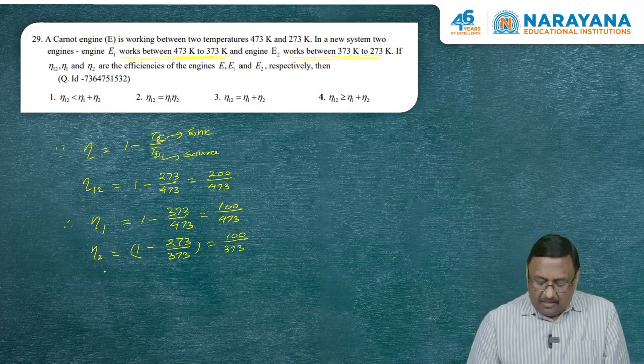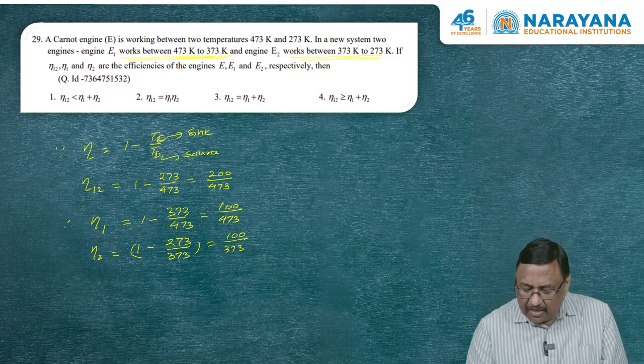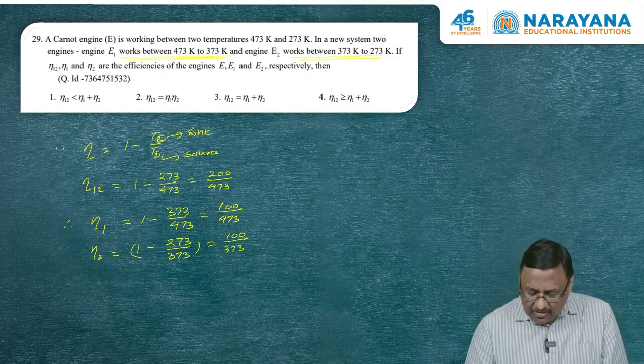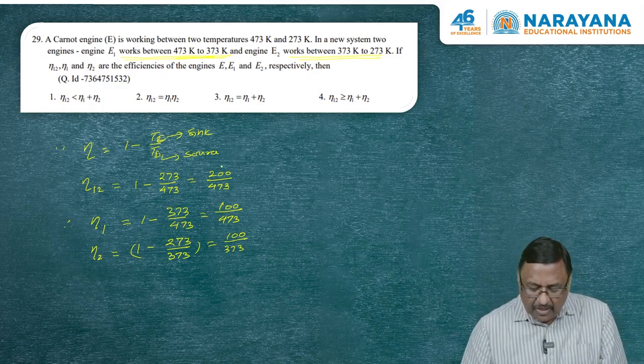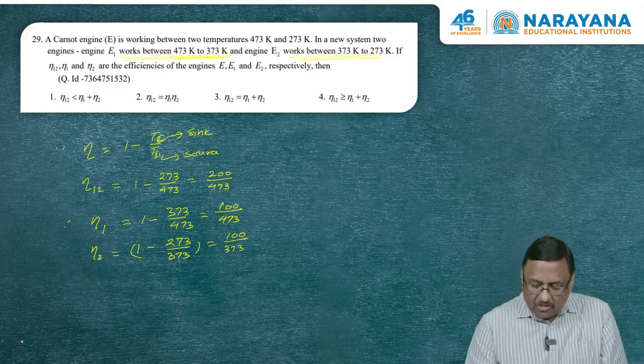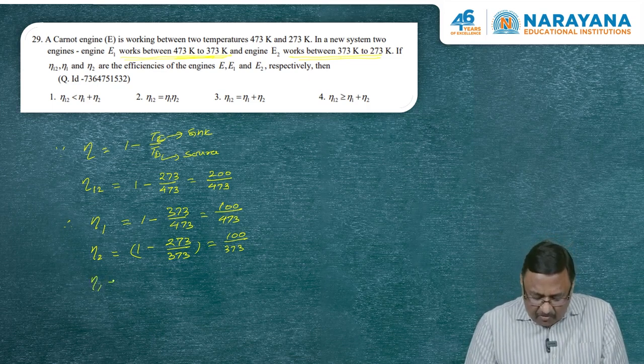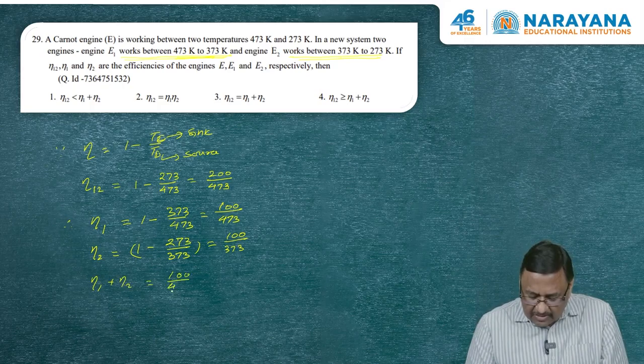The moment I am writing this, I hope he is asking some relation between eta 1 plus eta 2, and obviously if I write eta 1 into eta 2 and if you compare, that means 2 is not the right possibility. So I have to check it with eta 1 and eta 2 sum. Let me write now, if I write eta 1 plus eta 2, that becomes 100 upon 473, and then I'm writing again 100 upon 373.